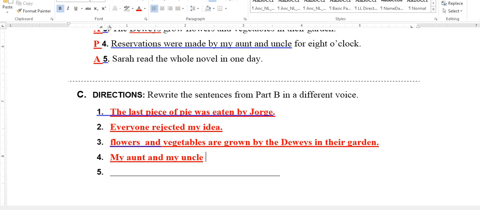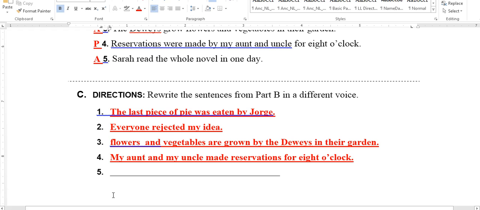Where the action were made is in the passive, past form; change it into active, it will be past tense. My aunt and my uncle made what? Reservations. They made reservations for eight o'clock.